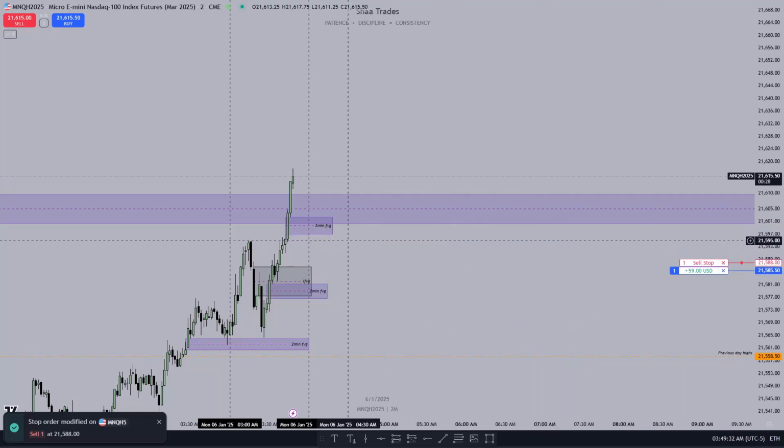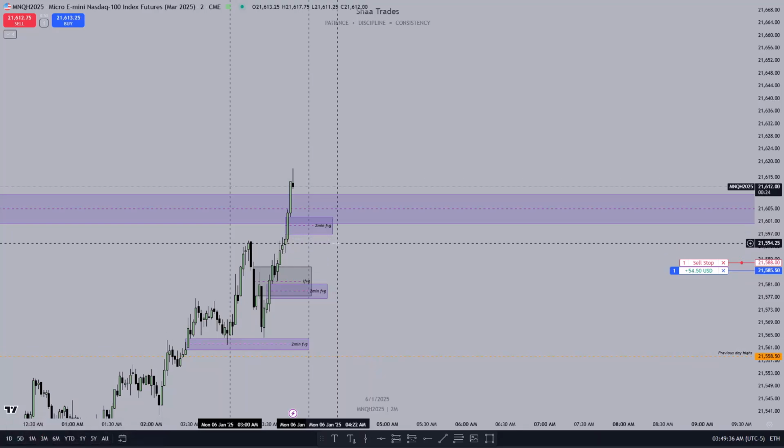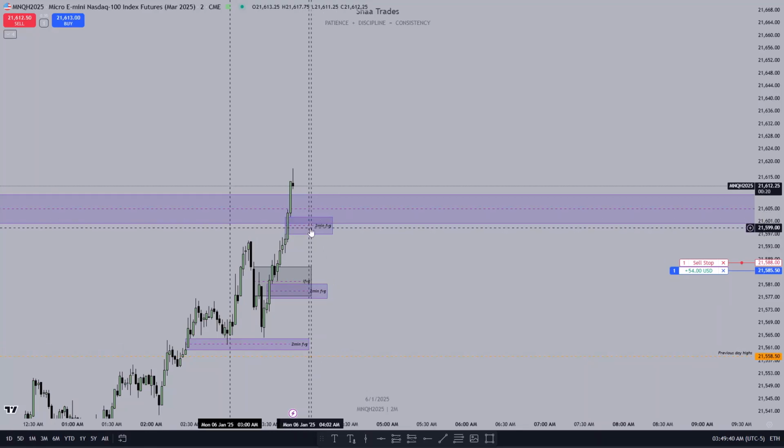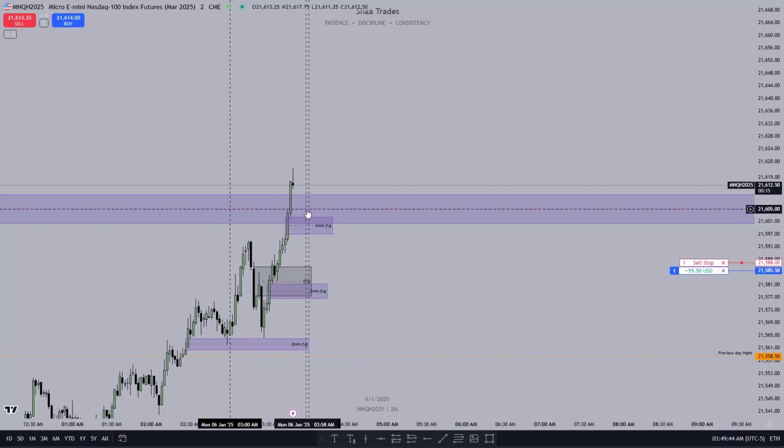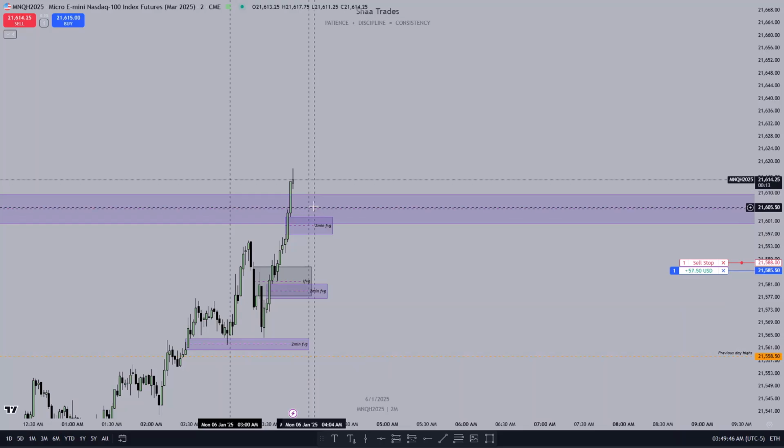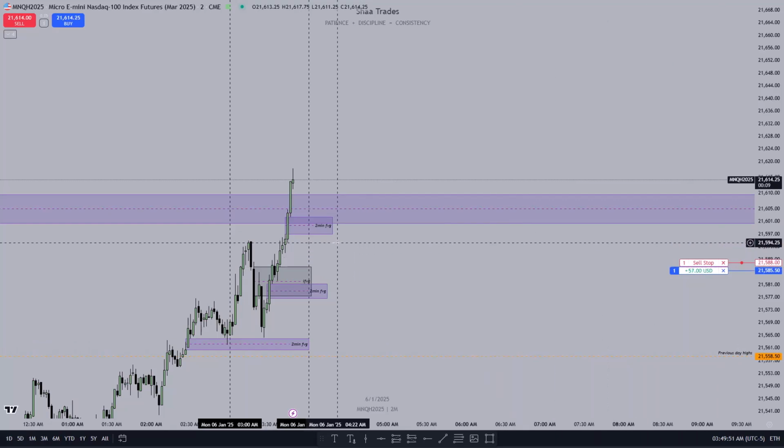So let me see. I'm going to put my stop loss here. If price comes back, I want to respect this fair value gap, and I also want to respect this inversion as well. So if price comes back down here, I don't want to be in the trade anymore.